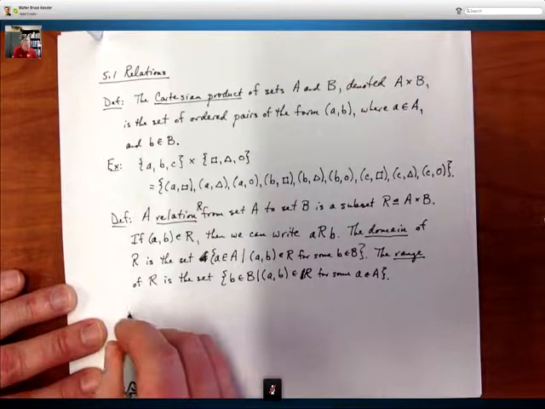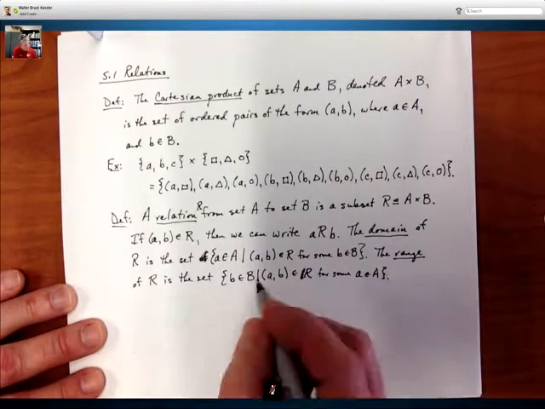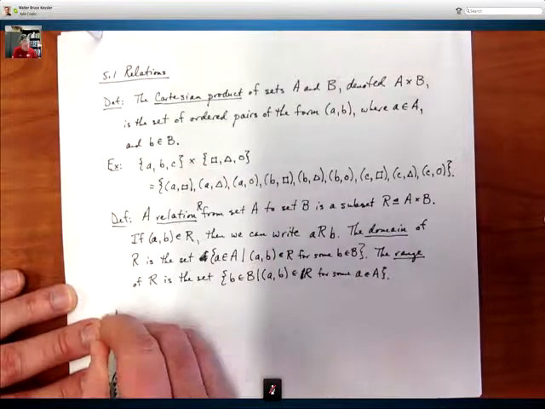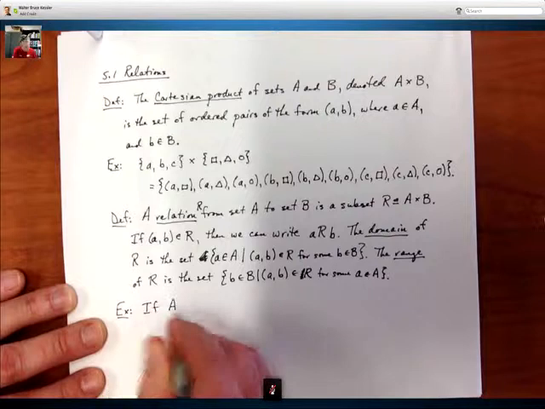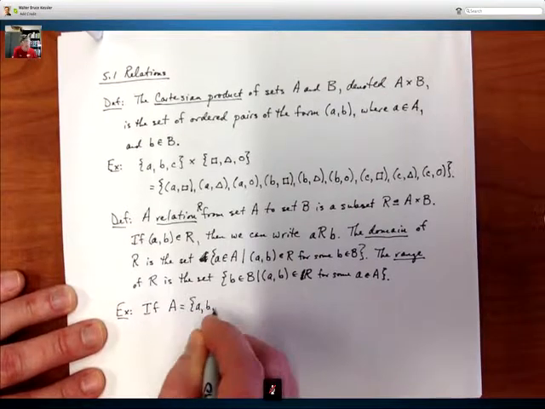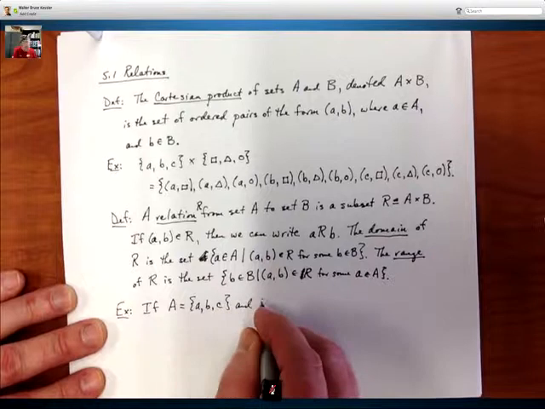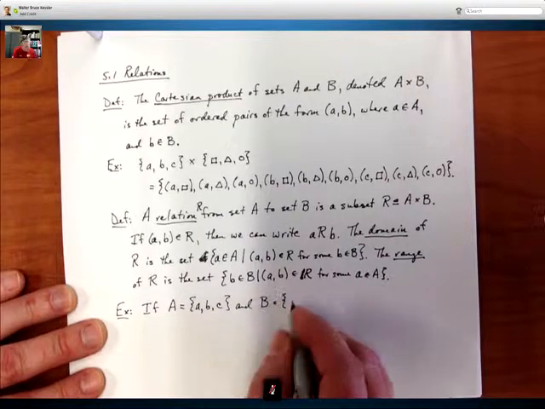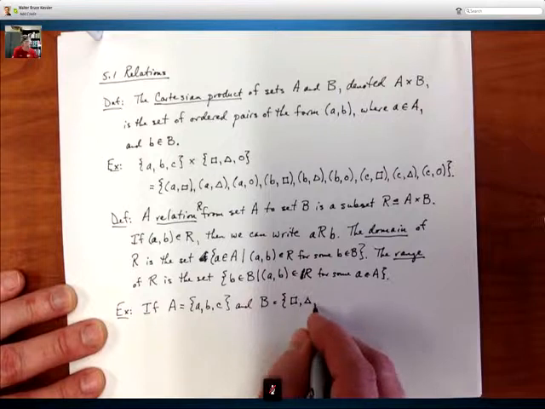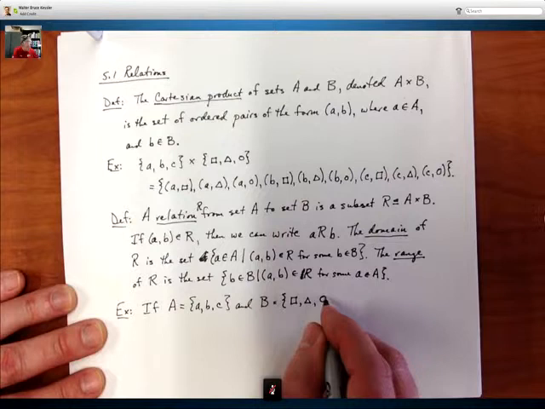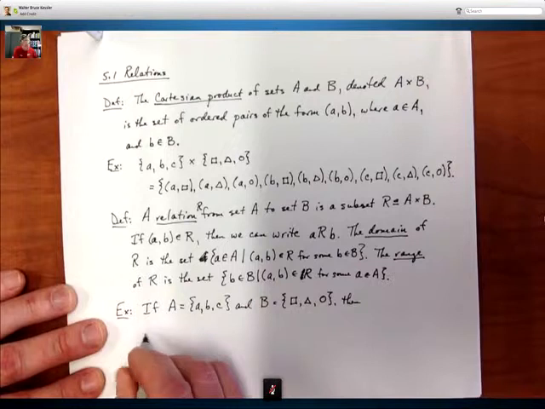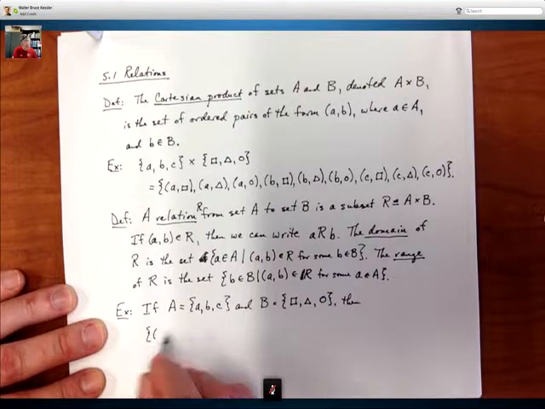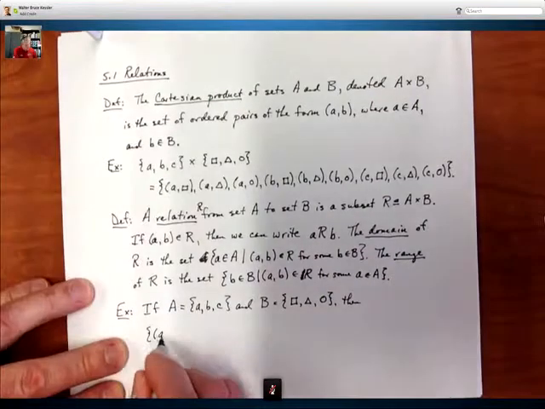So, for example, if A is {A, B, C} and B is square, triangle, and circle, then just take a few things out of this set.